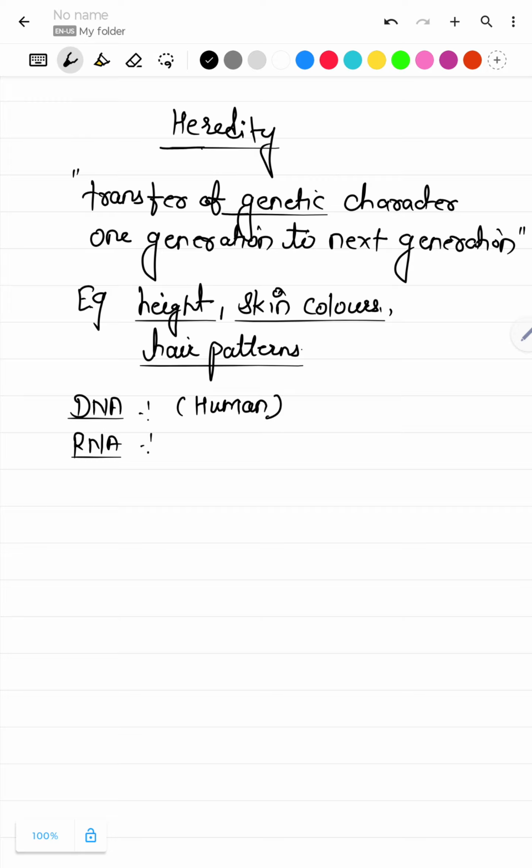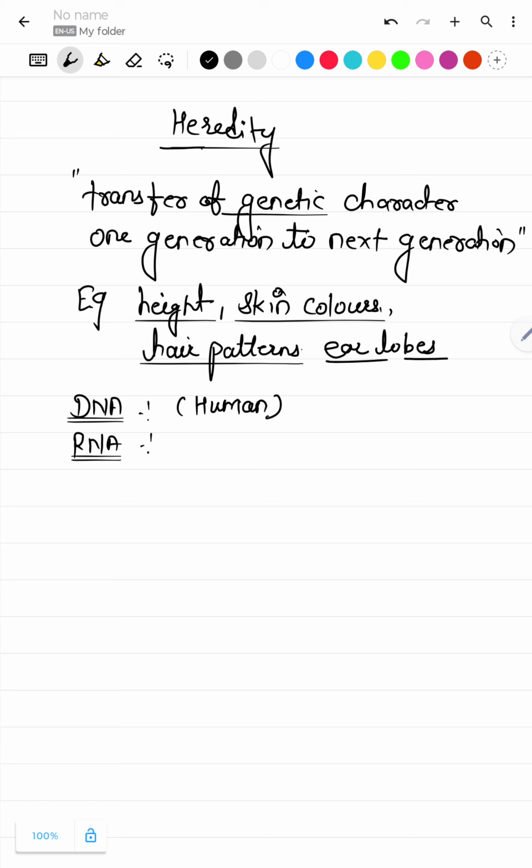Basically this DNA is responsible for transmission of genetic material, and for height, skin color, hair pattern, ear lobes. So all these characters transfer through reproduction.